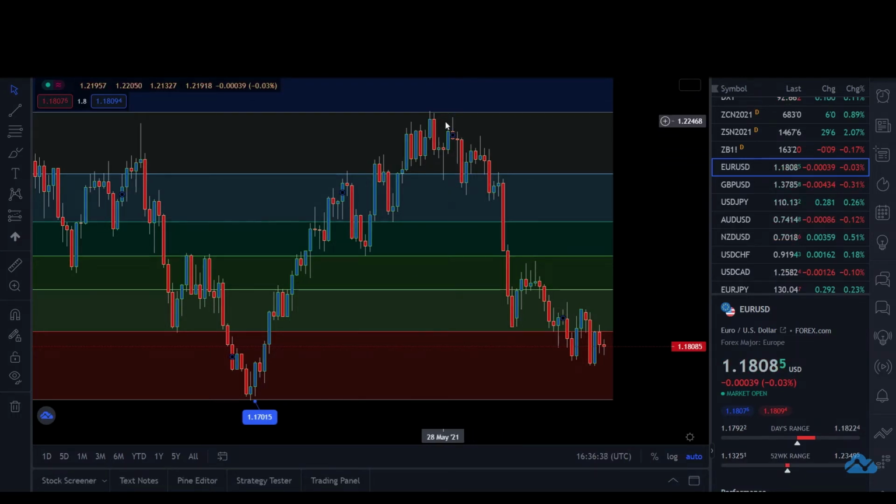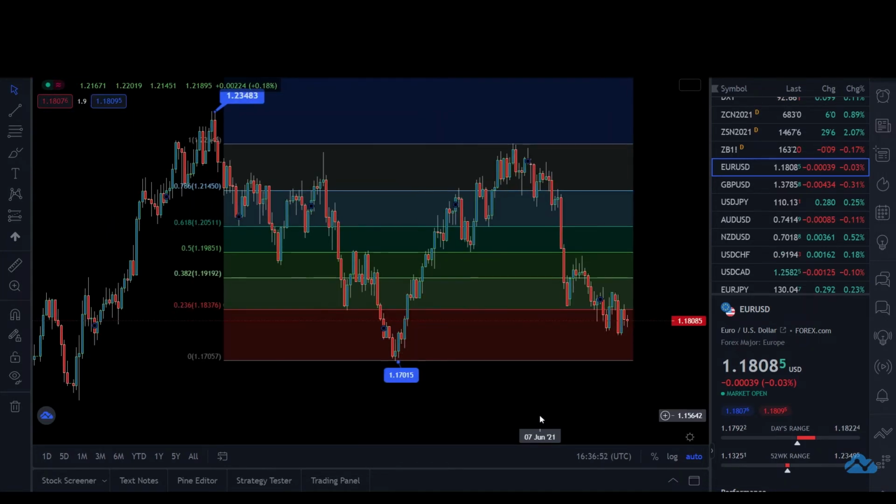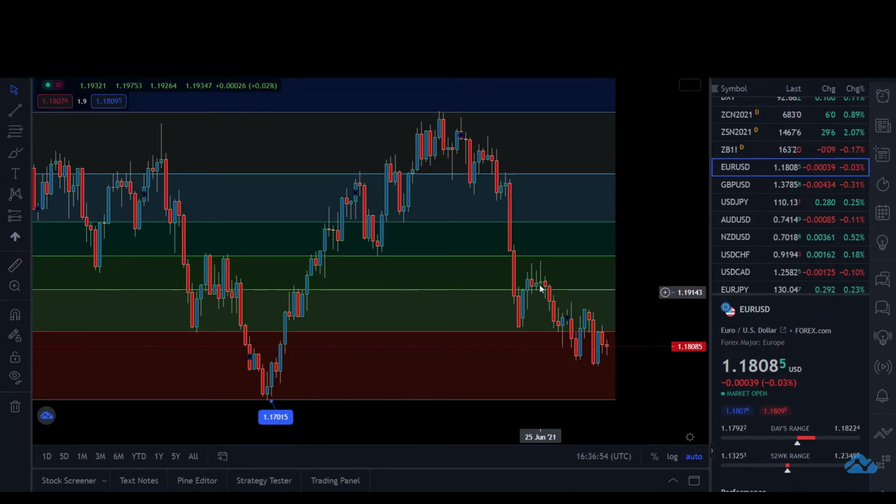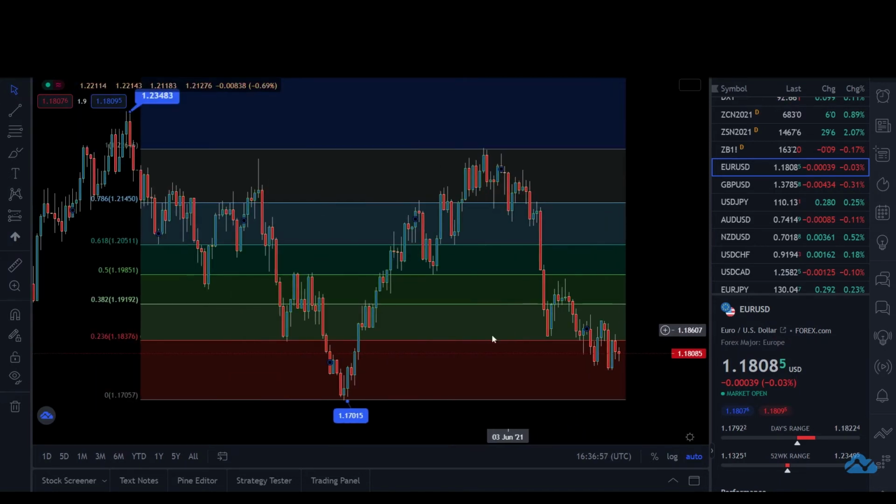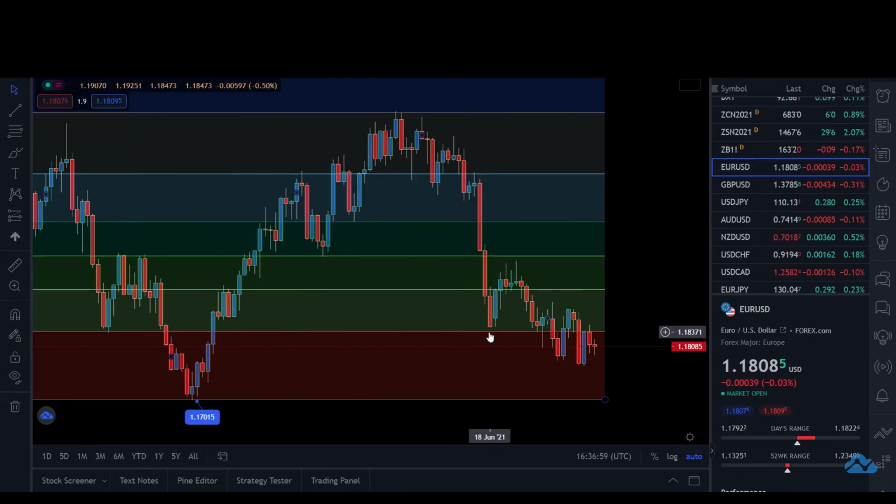So basically, a lot of people sold the euro here, and I missed this big move down, bam, bam, bam. But I was like, where can I enter this market and sell and still make a profit? Well, that's where Fibonacci comes in, because I saw that when it hit this level here, see this 23% level? Look, it rejected it.